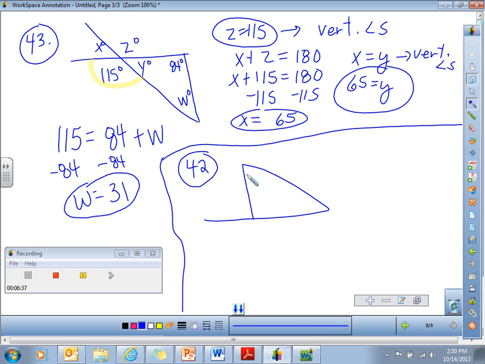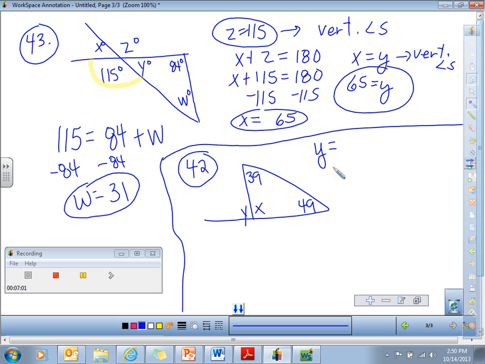This is 39 here. This is 49. X and Y. Just like we just did for number 43, is there an exterior angle of the triangle? Y is the exterior angle.